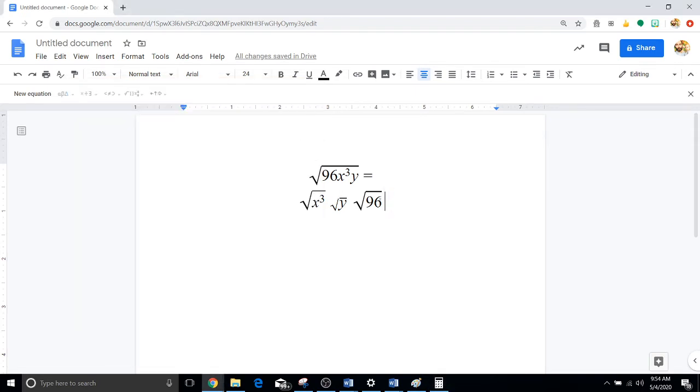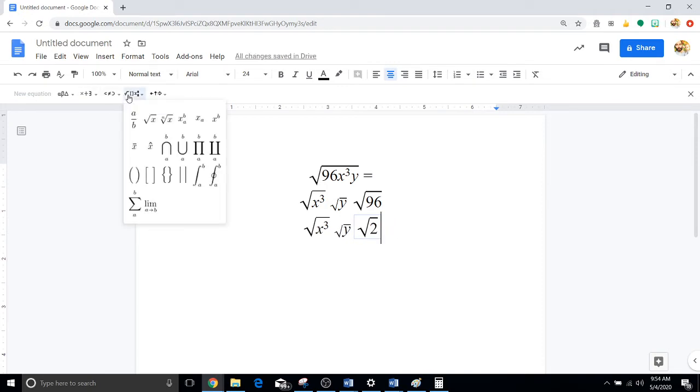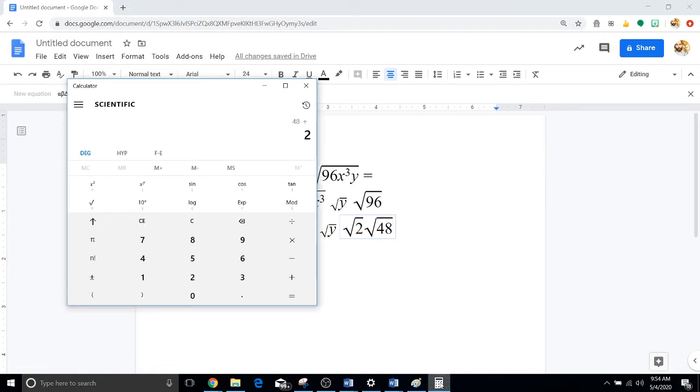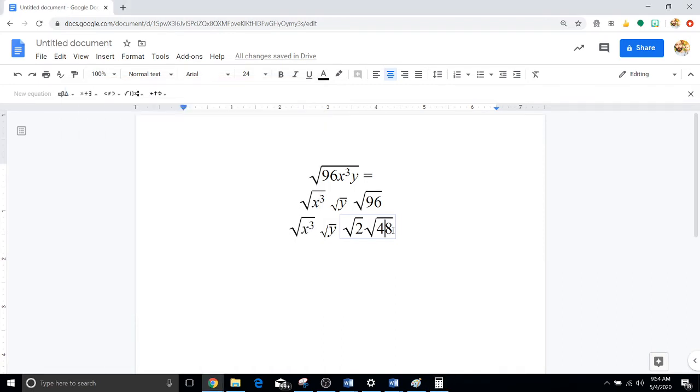We'll break that down on the next line. 96 changes to a 2 because we divided out a 2, and then we put 48 next to it. 48 is also even, and divided by 2 it is 24, so we put that on the next line as well. Again, we turn this one into a 2 and bring out the 24.